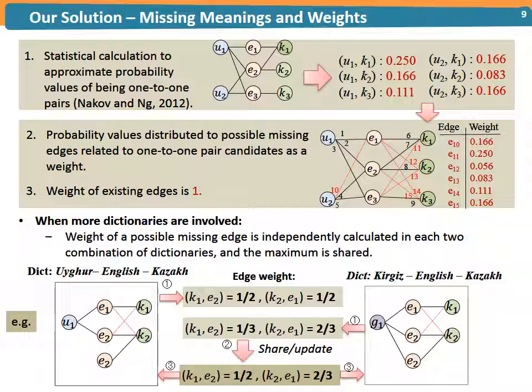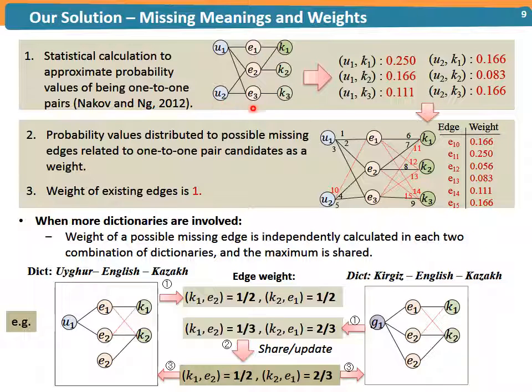In order to obtain these weights for all the possible missing edges, we first list all the possible one-to-one pairs from the original pivot graph. Then we use a statistical calculation to approximate the probability that each one-to-one pair candidate is a correct one-to-one pair.